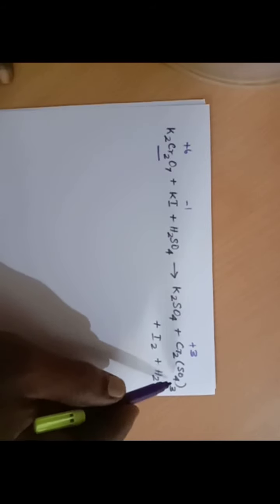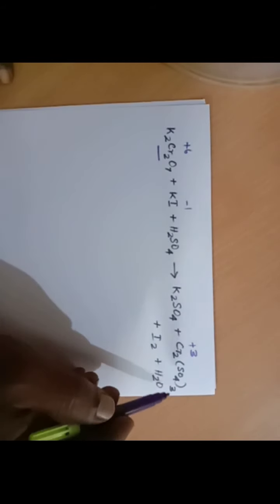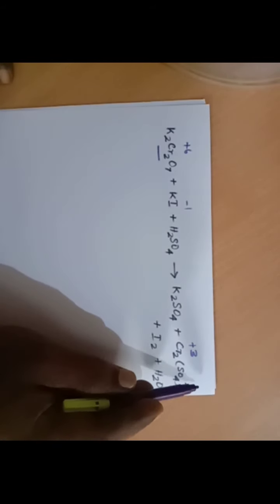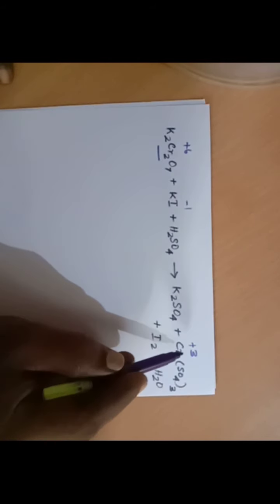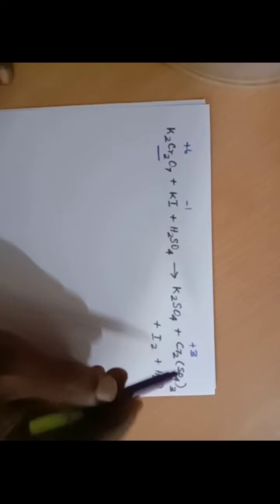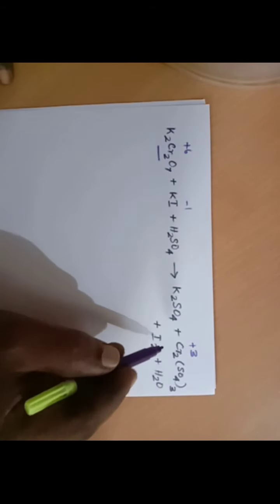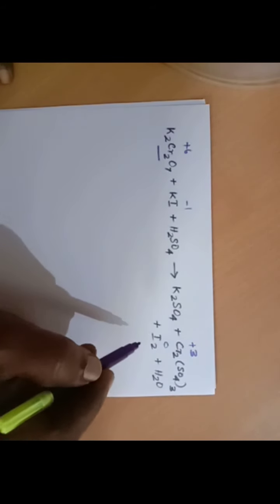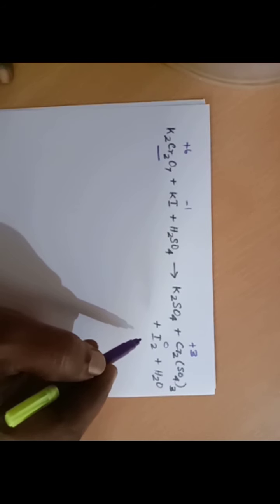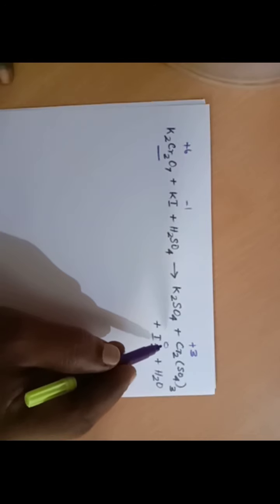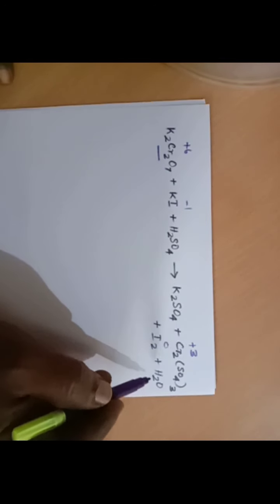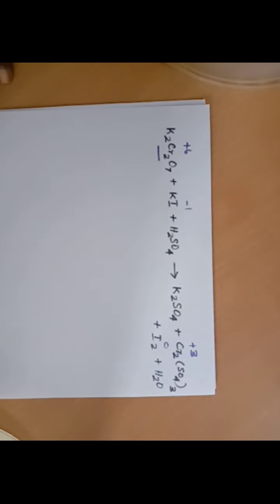The overall sulfate has minus 2, so 3 into minus 2 is minus 6. So 2 Cr have plus 6, and 1 Cr atom has plus 3 oxidation number. Iodine has oxidation number of 0, which you already know according to the rules of oxidation number: a naturally occurring element molecule has oxidation number 0. Water is the same, there is no change in oxidation number.